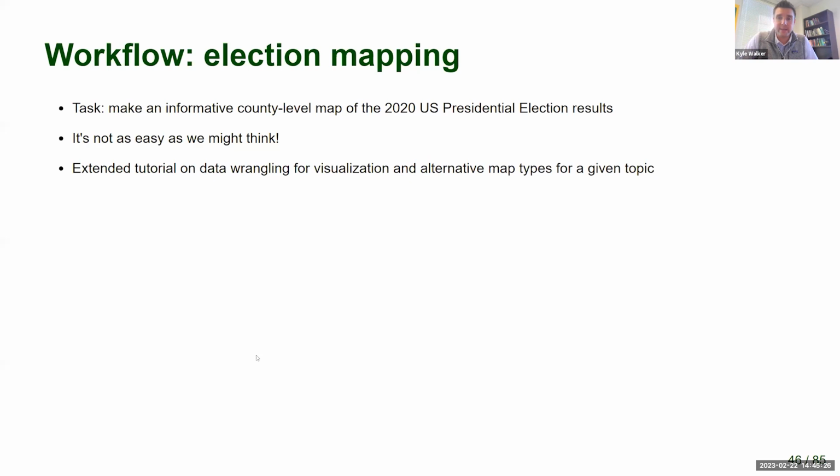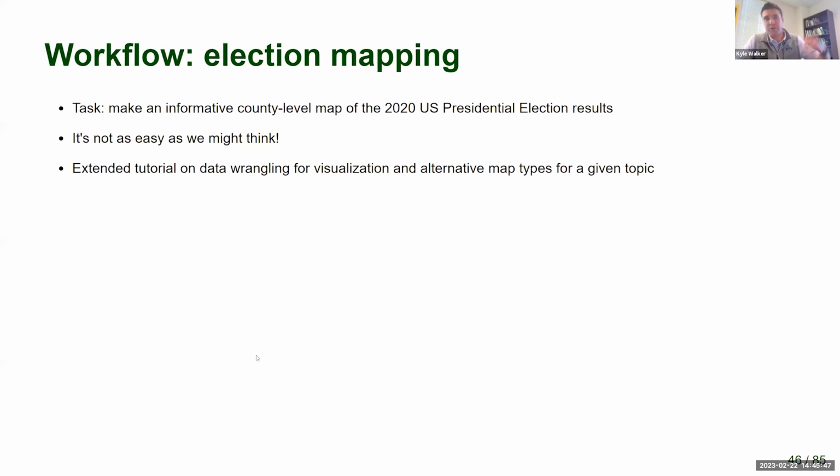Our task in this 15 minutes is to make an informative county level map of the 2020 US presidential election results. So basically showing the share of the county population that voted for President Biden. That's what we're going to try to do.